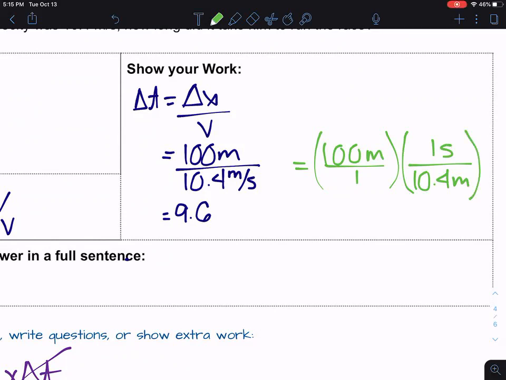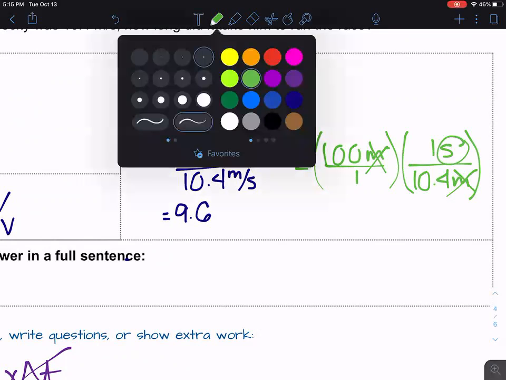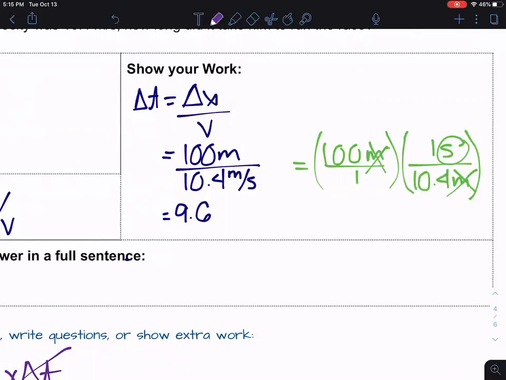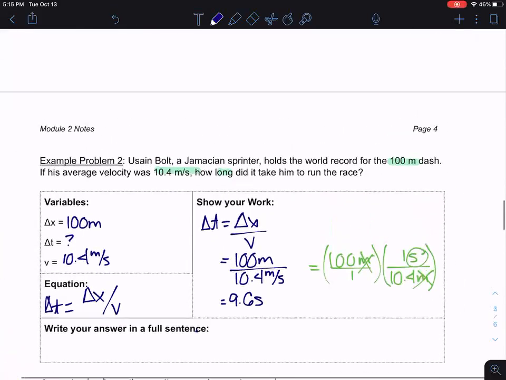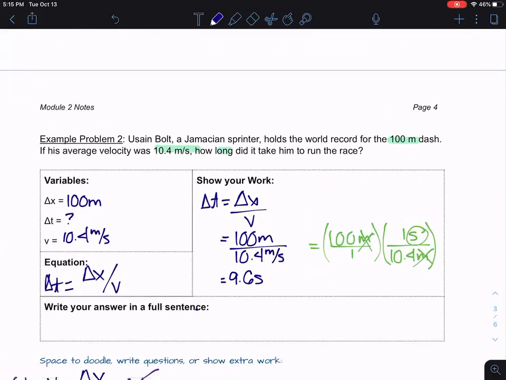Right, that looks just like a unit conversion. This means the same thing mathematically. And so in this case, I know automatically I'm going to cross out my meters and I'm left with seconds as my unit. And it's delta t, right? That's a time. That should be in time units, right? Like seconds. So 9.6 seconds. And then to answer my question in a full sentence, I would say Usain Bolt ran the 100-meter dash in 9.6 seconds.